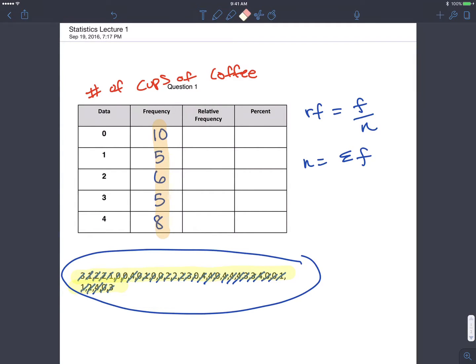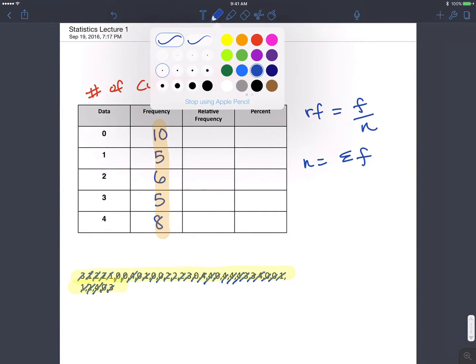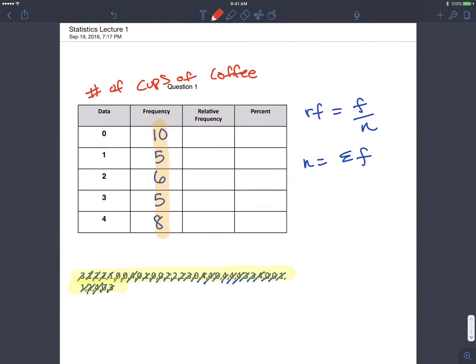So when we do that, we find that 10 plus 5 plus 6 plus 5 plus 8. 10 plus 5 here is 15, plus 6 is 21, plus 5 is 26, plus 8 is 34. Our sample size here is 34. We have 34 data values.